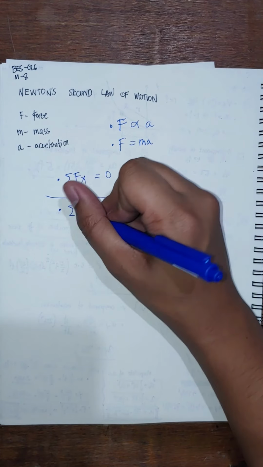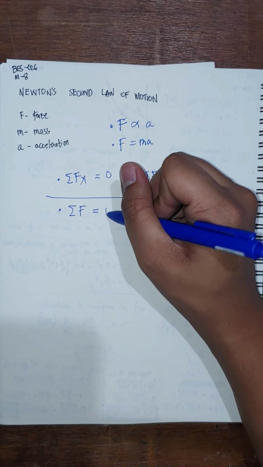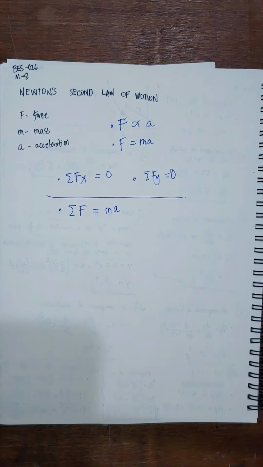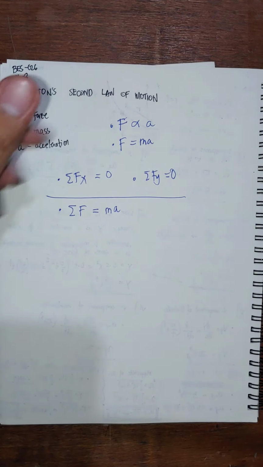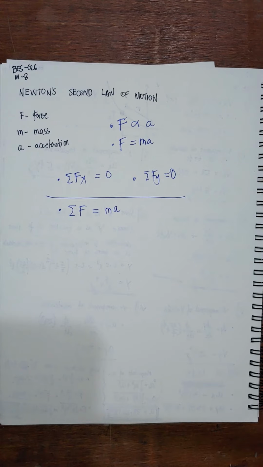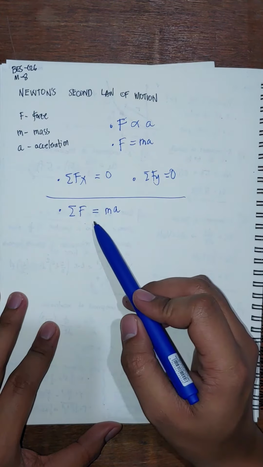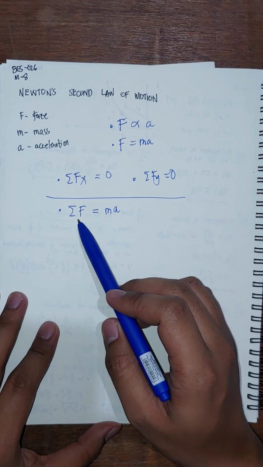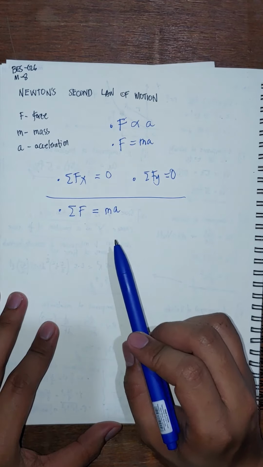Let's say we take the resultant of the force, it is just equal to the mass times the acceleration. So this is the concept of Newton's second law of motion. This is the mathematical form: force is equal to the mass times the acceleration. The direction of the resultant force is the same as the direction of the acceleration.